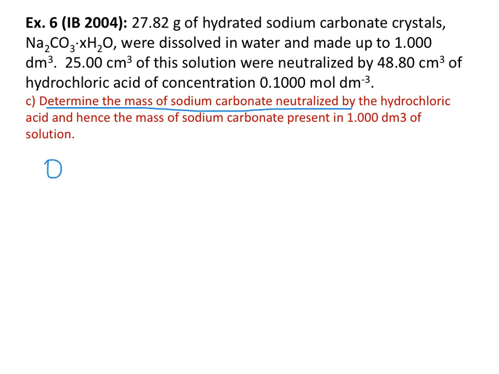So it was 0.002440 moles of the Na2CO3. That was how many moles we divided by the volume. This time it's just asking for mass instead of a concentration. So we know how to go moles to mass.